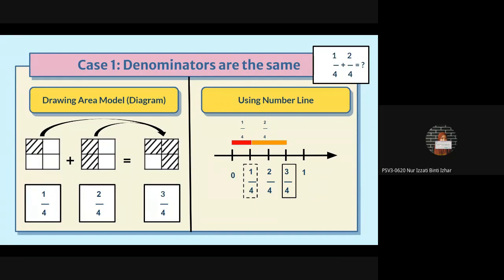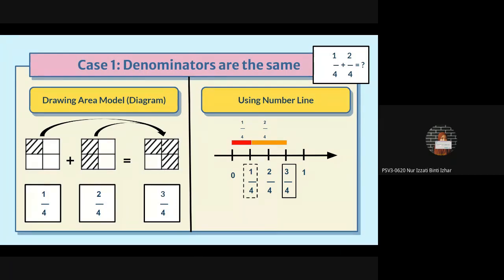The second method is using a number line. Start by drawing a number line that goes from 0 to 1. That number 1 is our whole. As both fractions have the same denominator, which is 4, we split the number line into 4 equal parts, or 4 intervals.